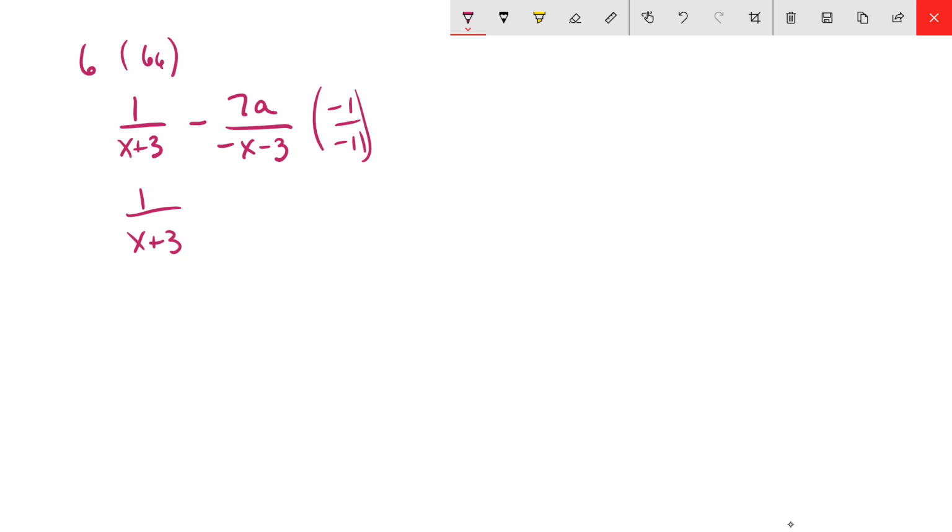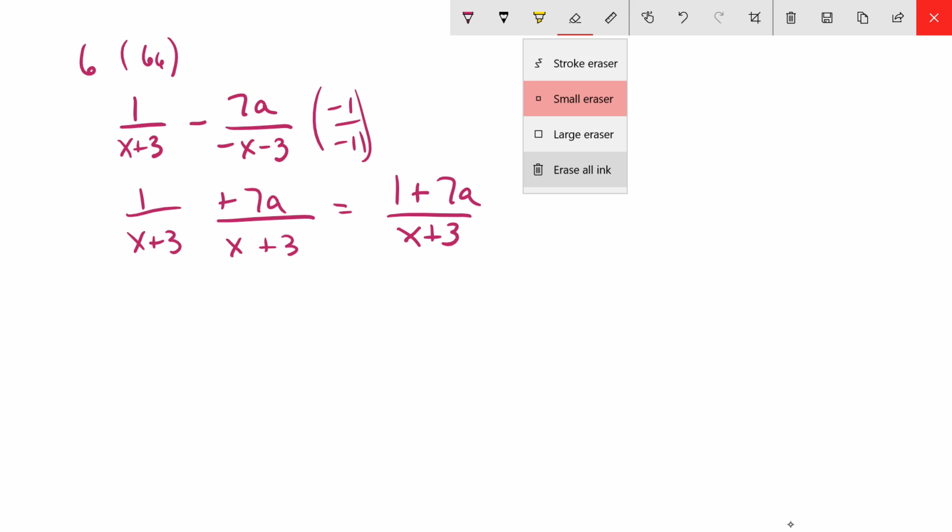When I multiply these by the negative 1s, I get the positive 7a, and I get the positive x plus 3. Putting that together, I get 1 plus 7a over x plus 3. Good? Easy peasy.